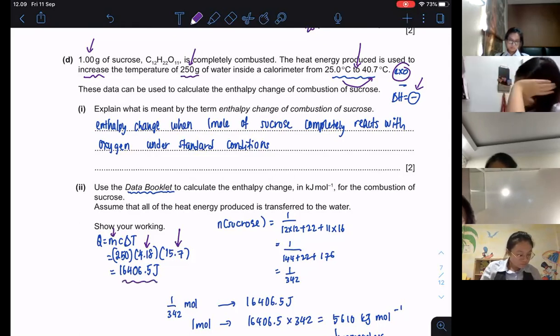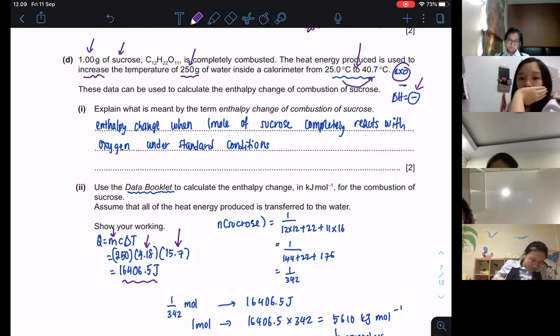It means all the heat, when you heat up the sucrose, is going to be transferred to the water. So what I need to do is I still need to find the number of moles of sucrose that I use. So I will calculate and I get 1 over 342 moles of sucrose. But before that, maybe I missed this.